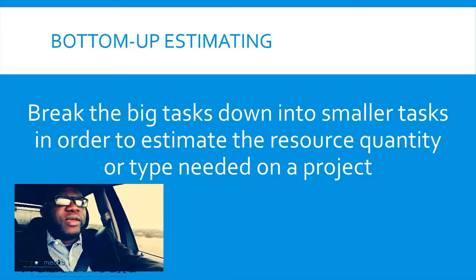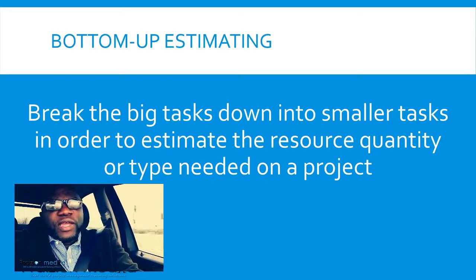So when you think about estimating activity resources, think about bottom-up, and also think about getting a resource breakdown structure as an output. A resource breakdown structure breaks down resources into categories on the project. It breaks it down into, for example, human, equipment, and material. That's the easiest one. But you could also have subcategories within human, equipment, and material. You might want to take a look at your study guide and the PMBOK Guide to see examples of these.